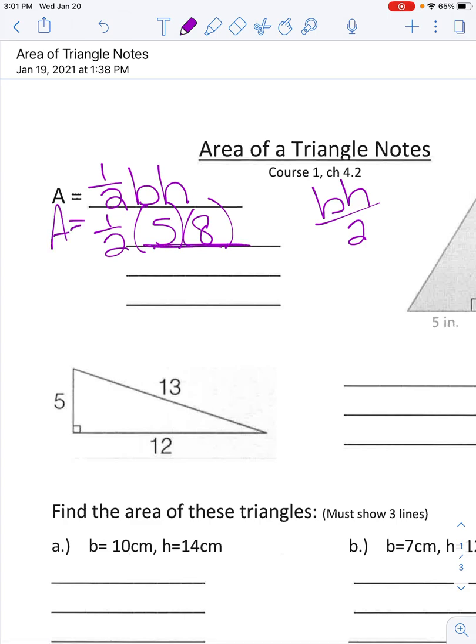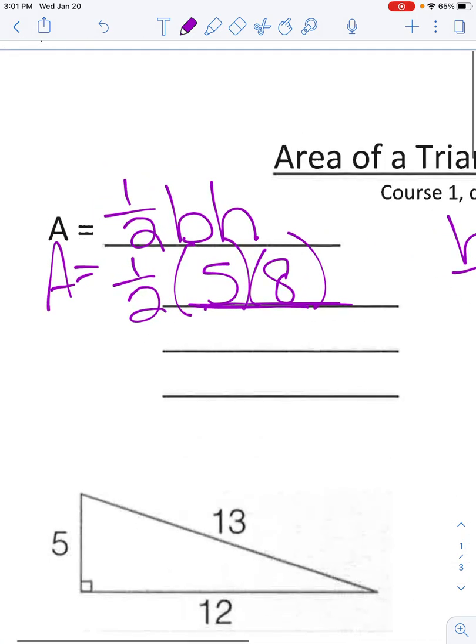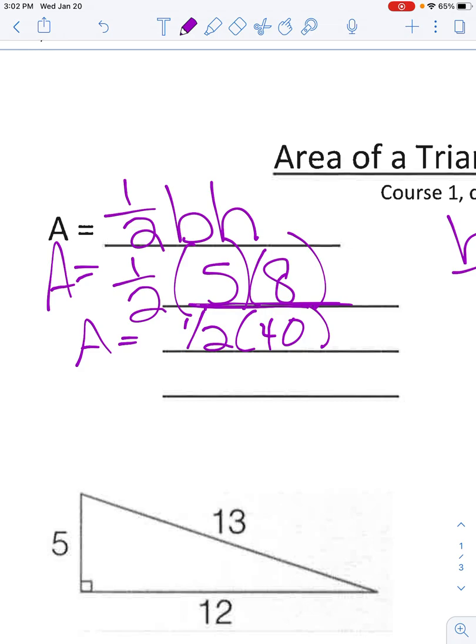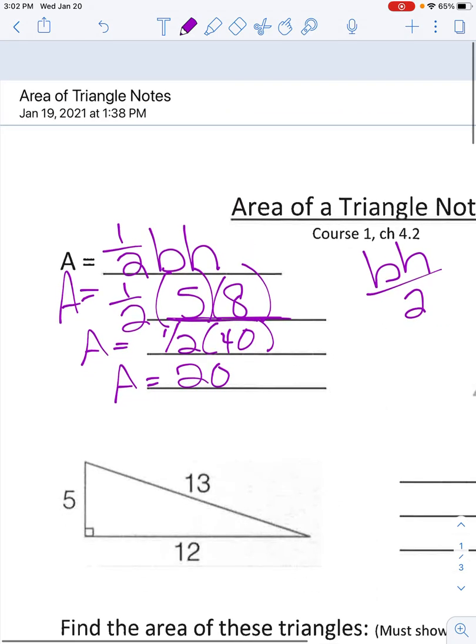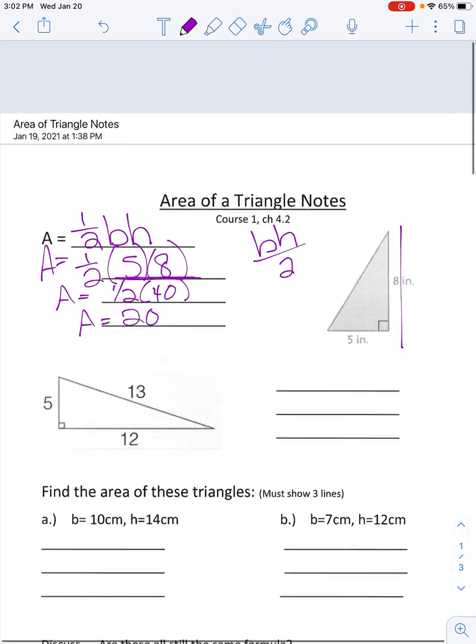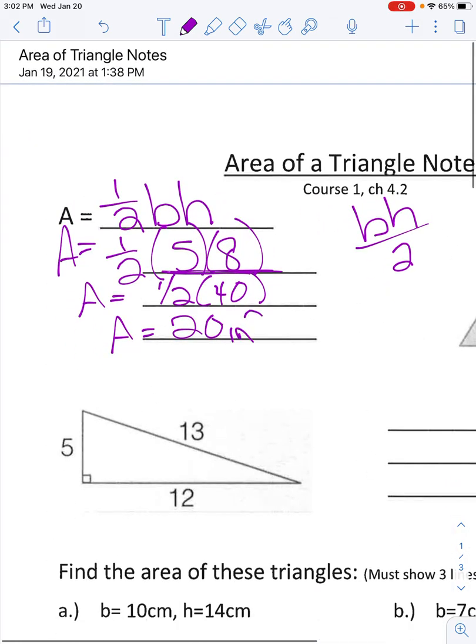I always do base times height first. 5 times 8 is 40. And then we're finding half of 40. Half of 40 is 20. So we're going to say 20 inches squared.